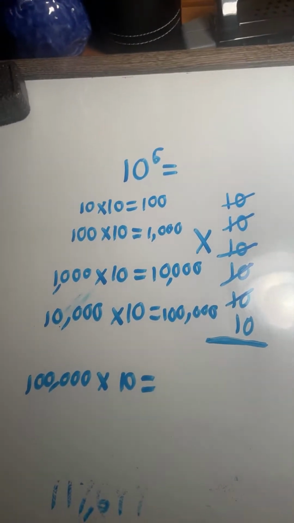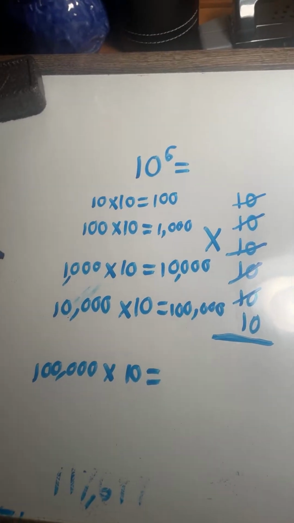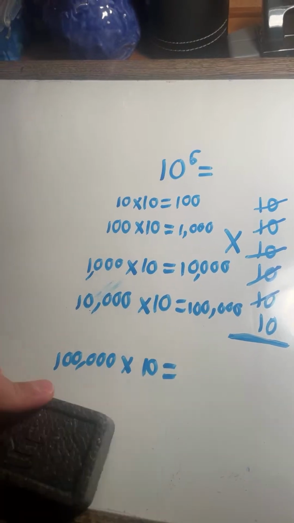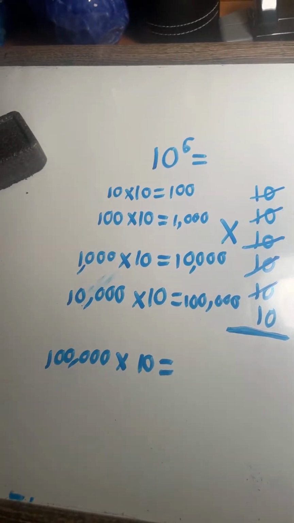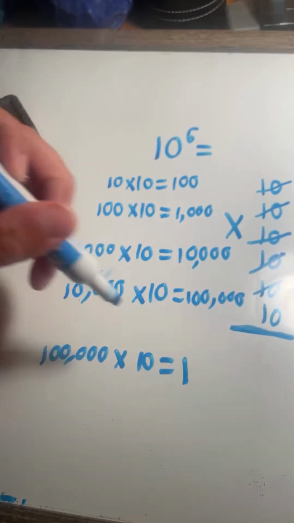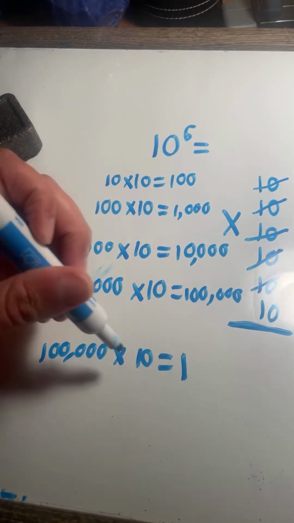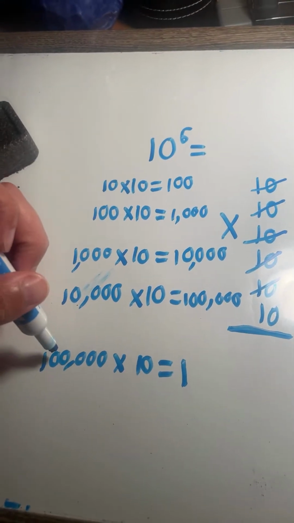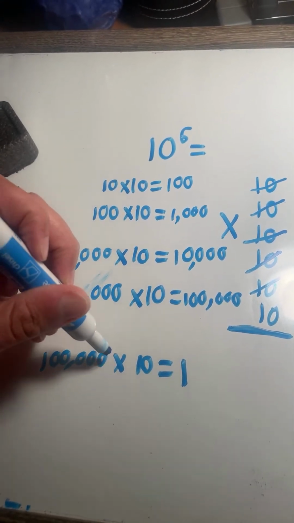Now, if you can't do these problems in your head, very simple trick here. You multiply 1 times 1, and then you just add the zeros to your answer. So 1 times 1 equals 1. Now, how many zeros do we have in this number sentence before we hit the equal sign? Let's count them. 1, 2, 3, 4, 5, 6.